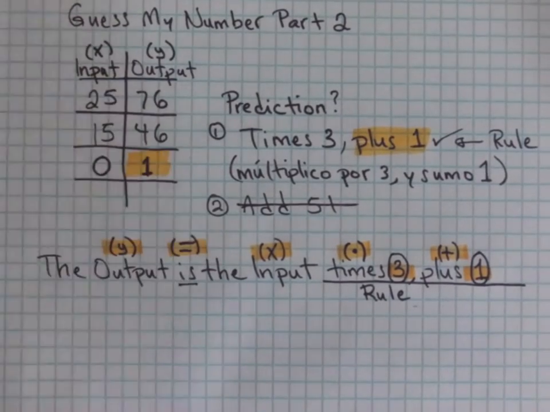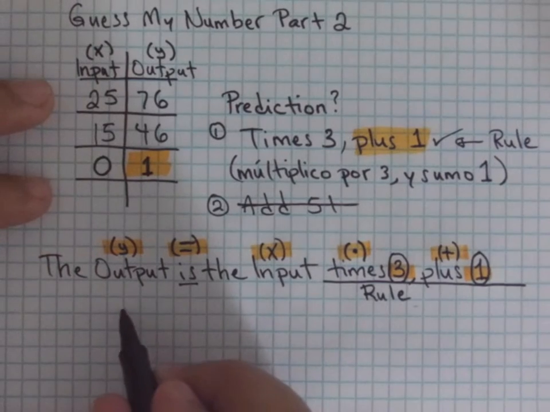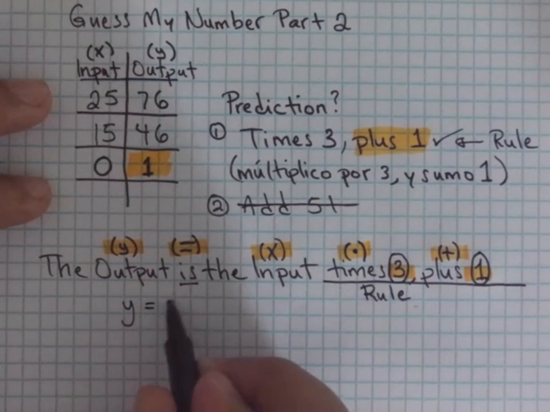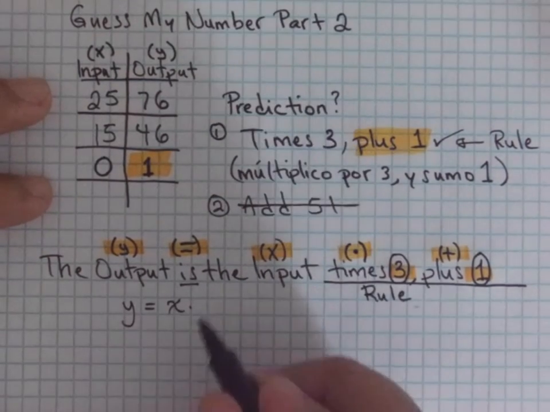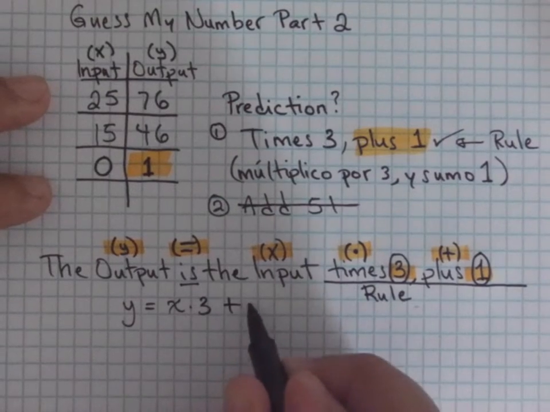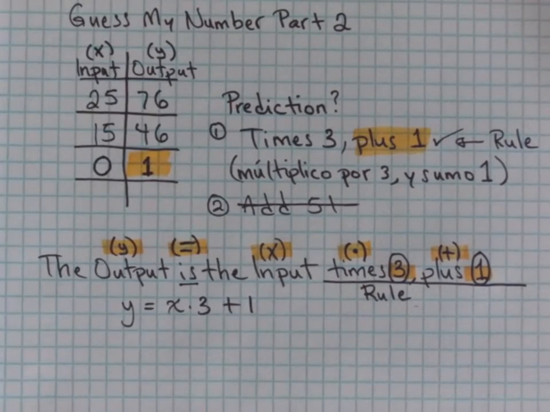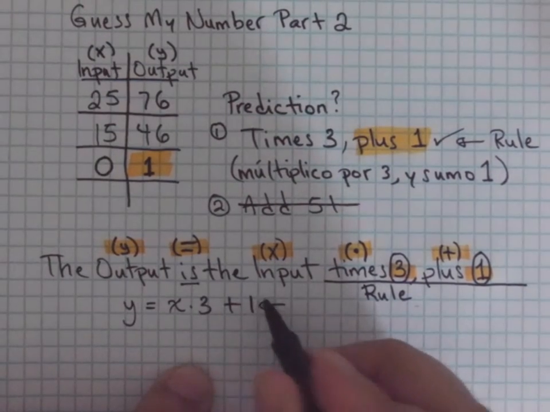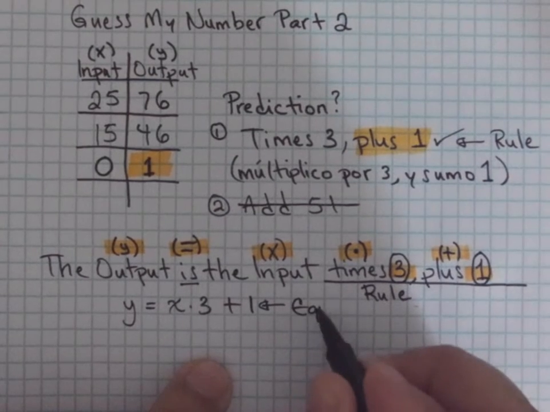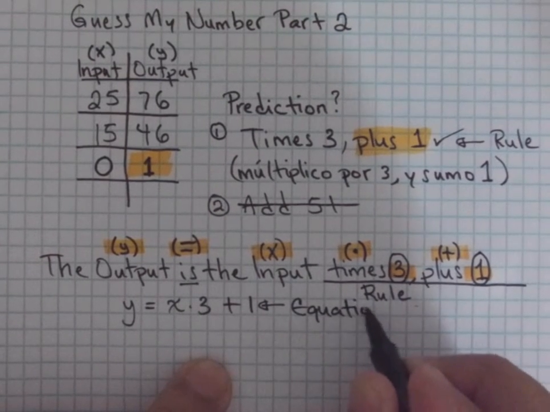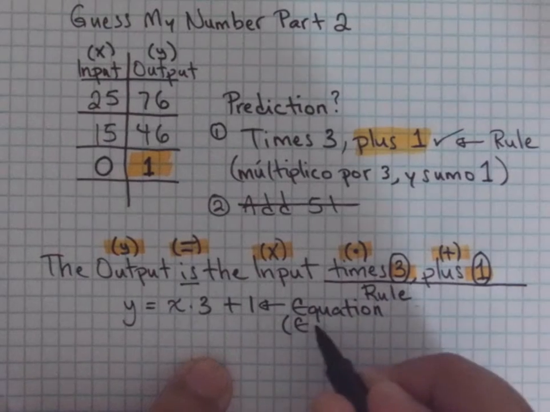So now all I have to do is just kind of clean it up, and I write it like this. Y equals x times 3 plus 1. And now I have what I would commonly call my equation. Con esto yo ya tengo mi ecuación.